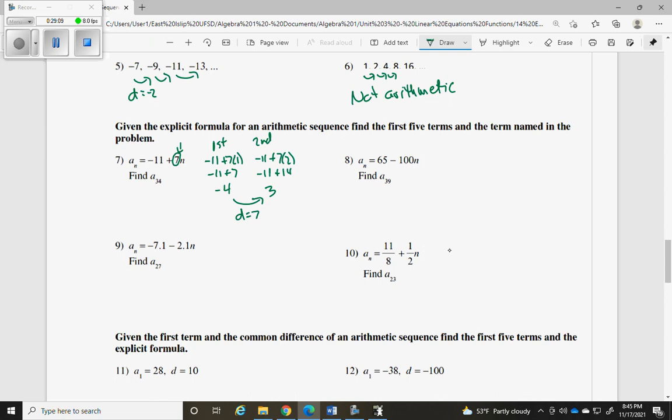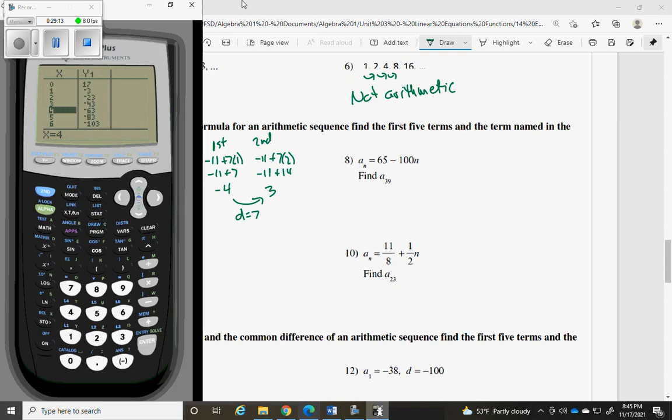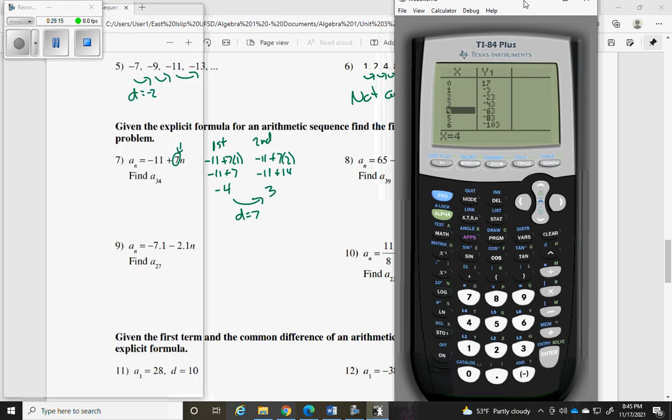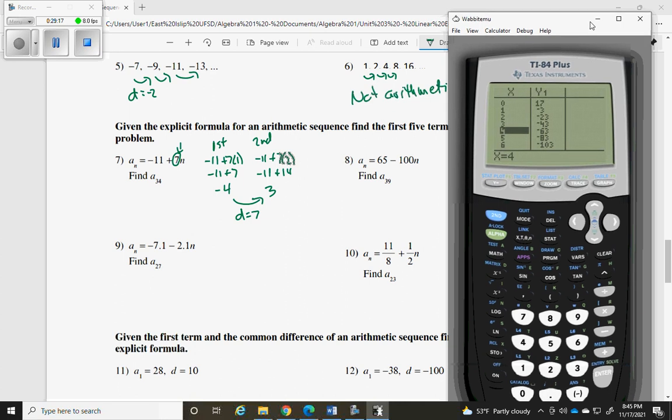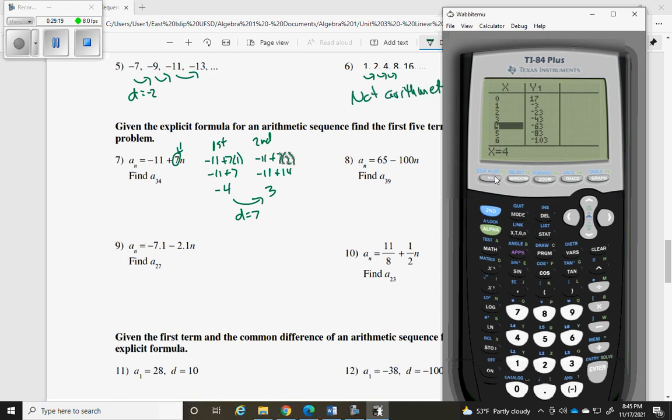Also, something I know that I can do is pick up my graphing calculator and in my y equals button, I can put this formula that they gave me, negative 11 plus 7x, and go look at my table of values. And I can just copy the sequence.